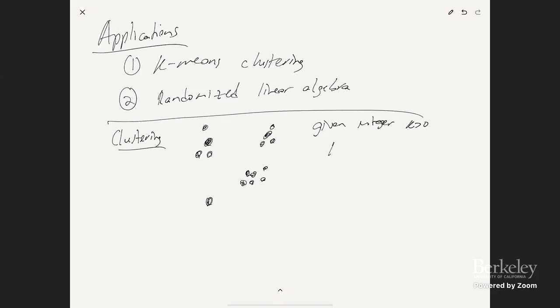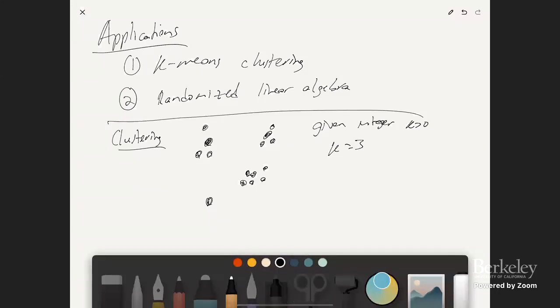So for example, let's say here k is 3. I would like to find the best choice of 3 clusters possible for this data. And what does best mean? It depends on some objective function. But here maybe this is one cluster, this is another one, and maybe this is, unfortunately there's that outlier, but he has to go somewhere.